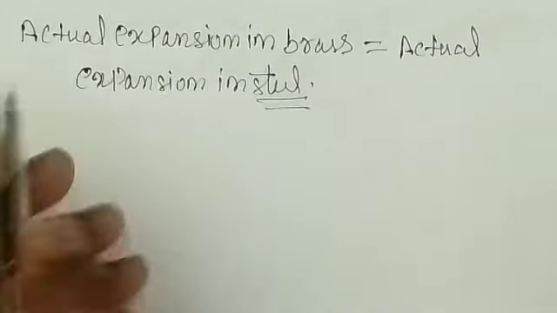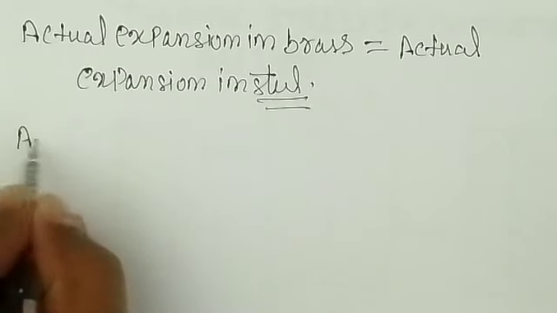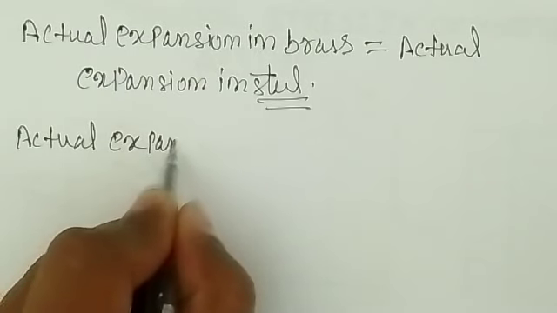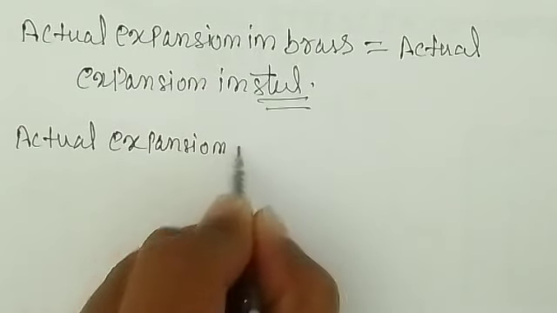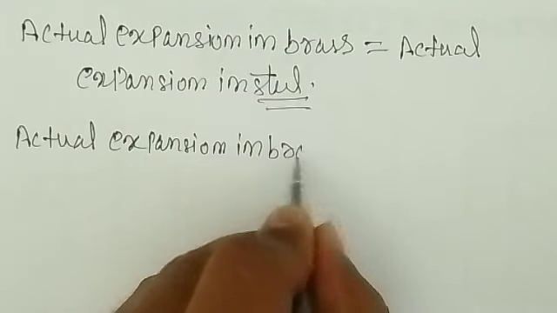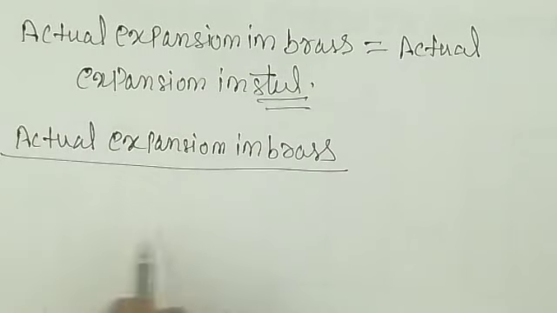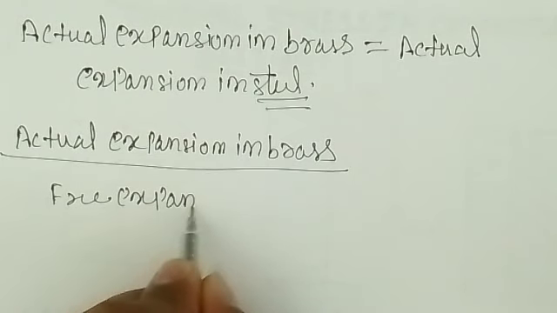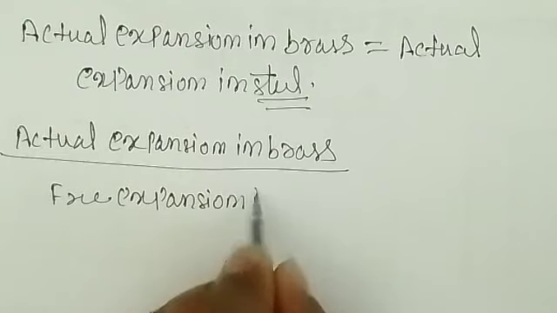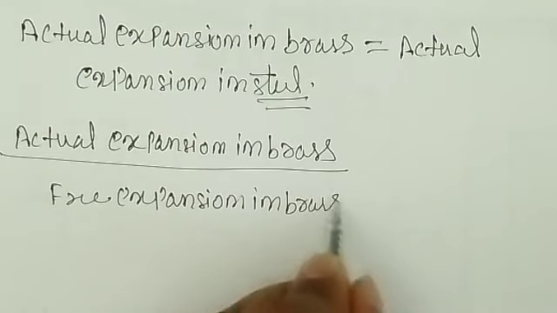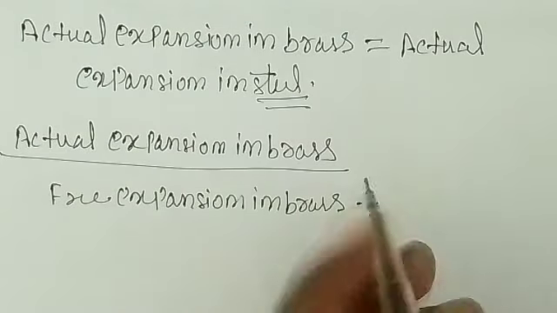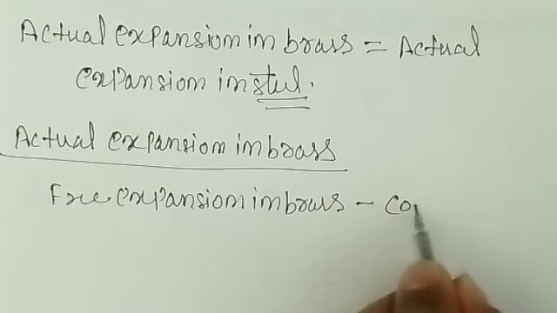So if I write down the actual expansion in brass, it is the free expansion in brass, which is due to the linear expansion coefficient and temperature rise, minus the contraction.